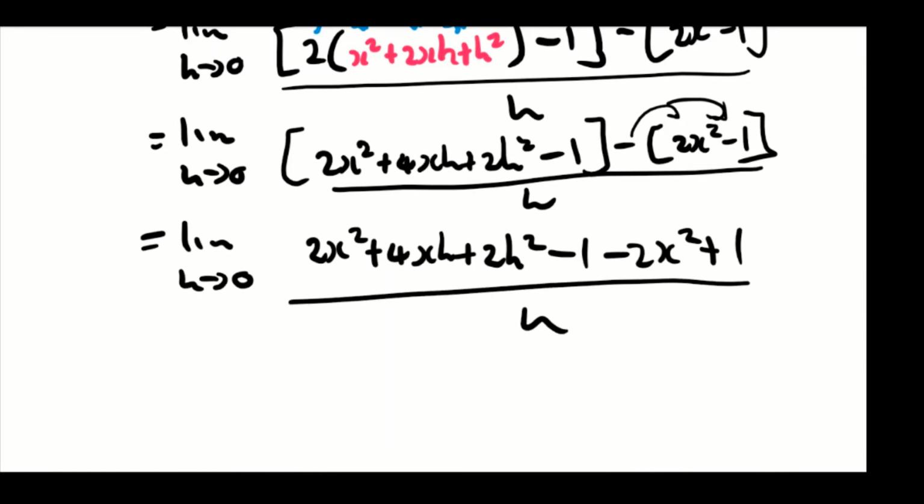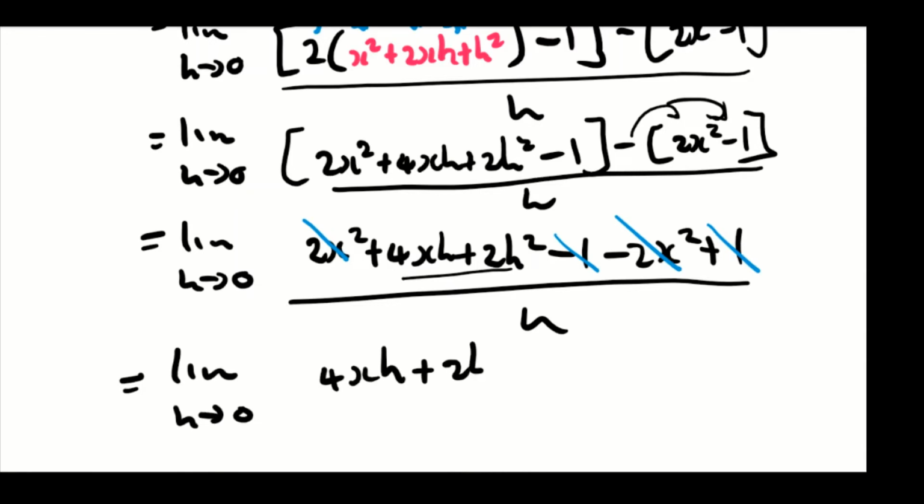So the like terms, you add or subtract them, so this minus 1 will go away with this, this 2x squared will go away with this, and you will remain with the limit when h approaches 0 of 4xh plus 2h squared over h, right?